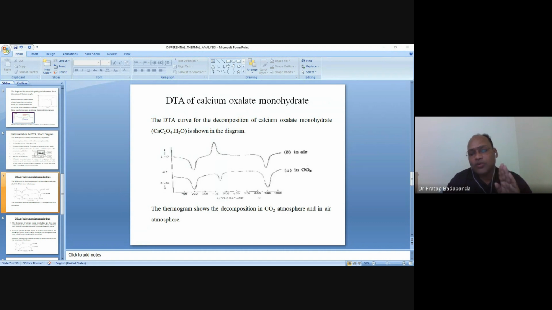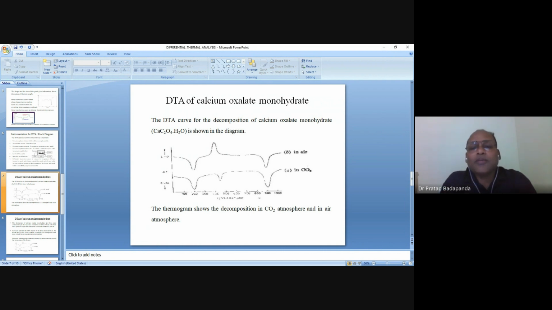If you remove one or two hydrogens, it becomes the oxalate, COO minus, COO minus. Single minus or double minus is not the issue. Then monohydrate means a single water molecule, H2O, is present. That is the most important thing that we have discussed.